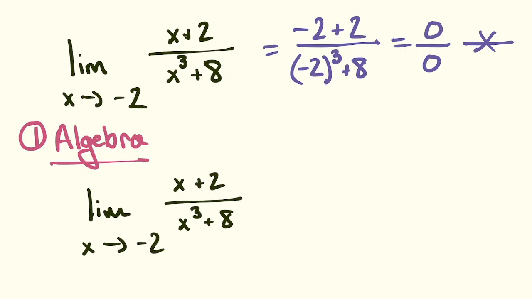So solving this, what we need to do is notice that in our denominator we have an x cubed plus 8. So basically what we need to do is take that x cubed plus 8 and rip it apart and factor out of it an x plus 2 so that we can cancel something on the top and the bottom of our fraction, which means we need to figure out how to get that out.